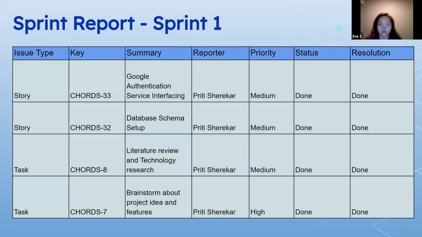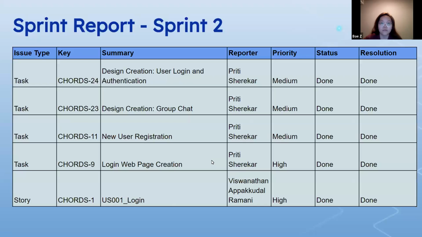We have done the first sprint for the first month. We have the literature review of technology research and we do the Google authentication service interface. And for the second sprint, we have the user registration done. We have the create and design group chat done. And we also have the login page creation.